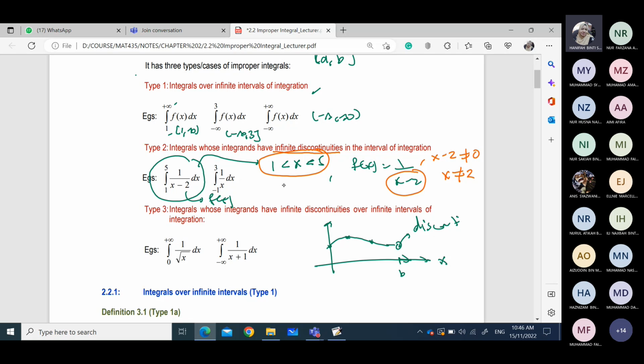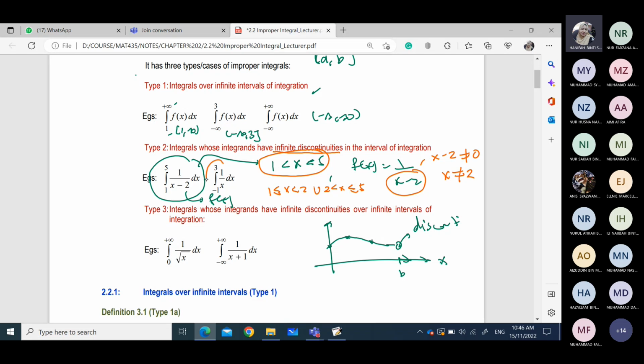So maksudnya dekat sini the values of x must be greater than or equal to 1 and less than 2, and then union with x greater than 2 and less than or equal to 5. Okay, so instead we need to split into 2 integrals, then we need to solve it. Okay, faham, ini kita panggil sebagai infinite discontinuity.